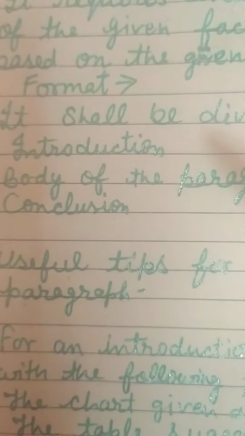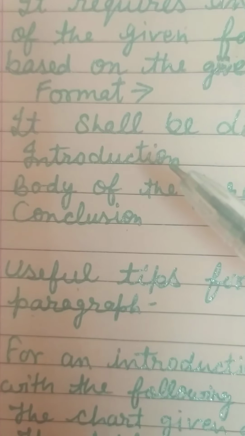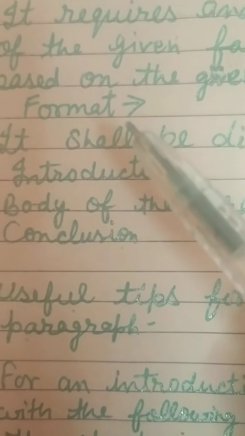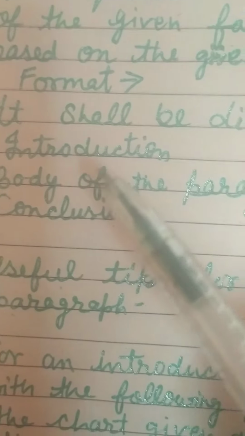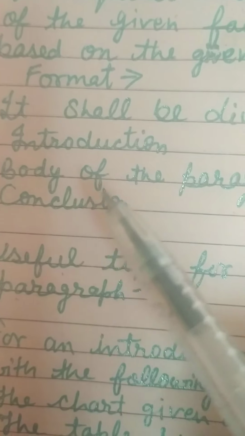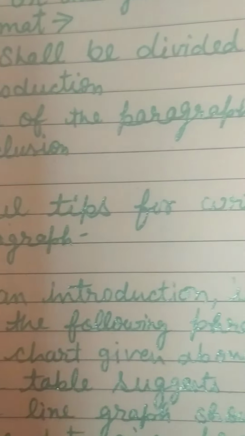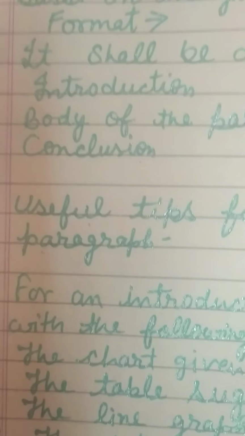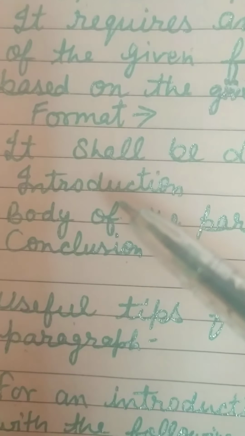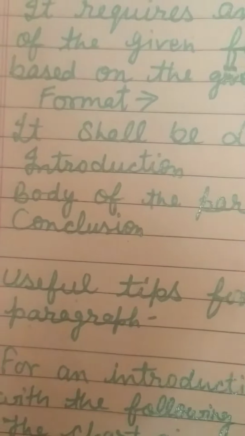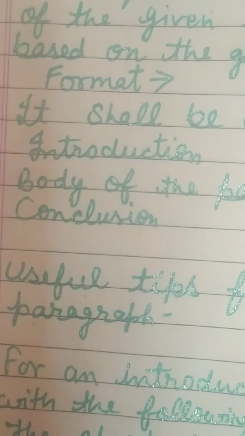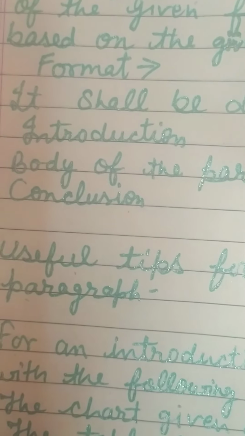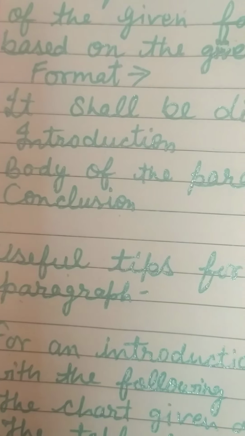Now its format. It shall be divided into three parts. The format includes three parts. First is introduction, second is body of the paragraph, and third is conclusion. First you have to write an introductory line about the topic that you are going to describe on the basis of the given data, graph or map.